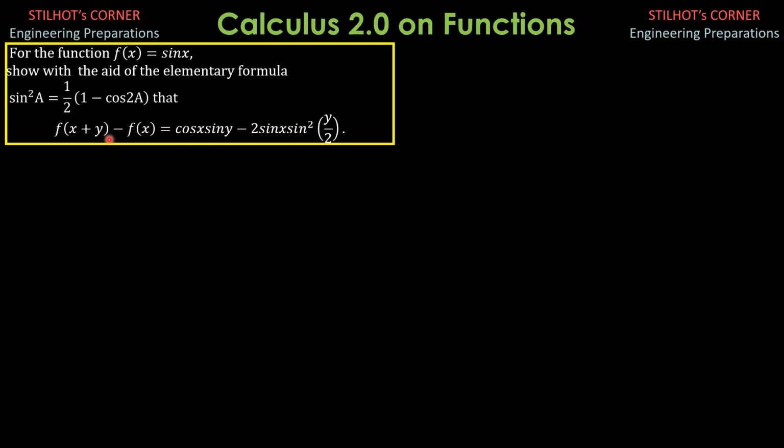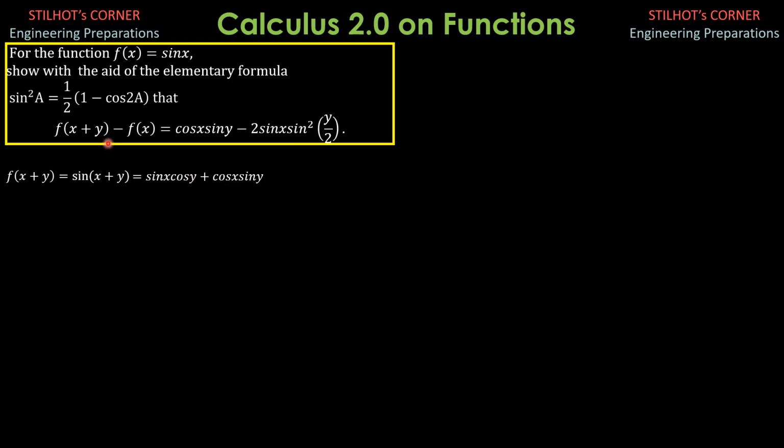So f of x plus y is sine of quantity x plus y. Remember from trigonometric formulas that this is sine x cosine y plus cosine x sine y.